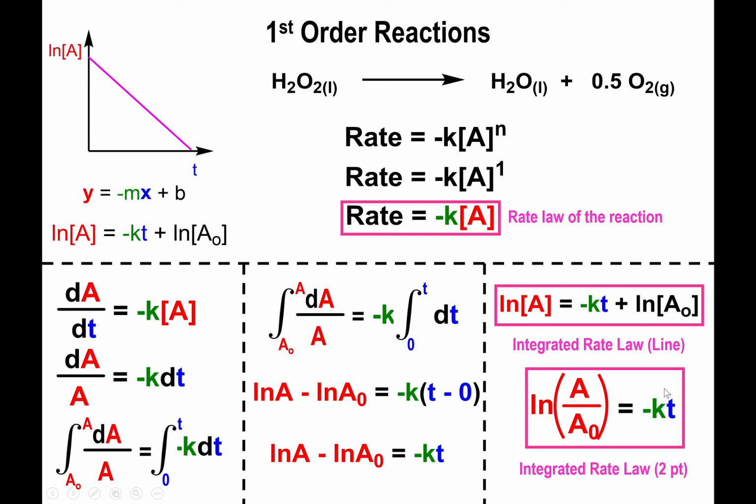So this is another way in which the integrated rate law can be depicted, shown, or utilized. In some cases, you want to stick to the upper format of the integrated rate law, or you might want to use the one right here. This is kind of like the two-point equation because you have concentrations. You can use that to find the value of k at some time. But it just depends on the case.